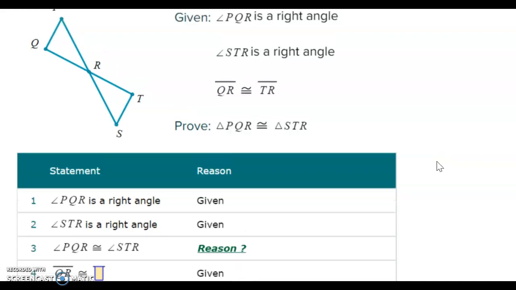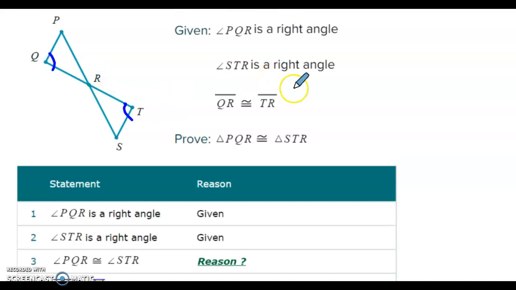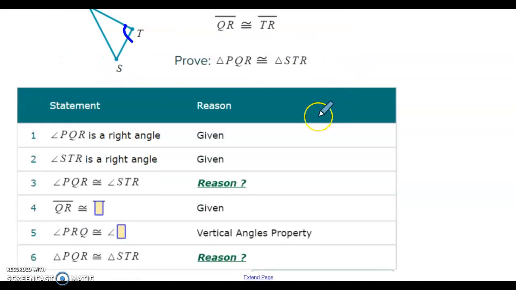So PQR right here is congruent to STR, and why is that? Well, if you notice in the given statements before that, they're mentioning that both those are right angles. So the reason, and the way that this is worded on Alex as well, is that all right angles are congruent.